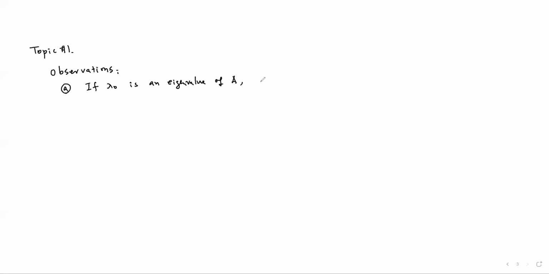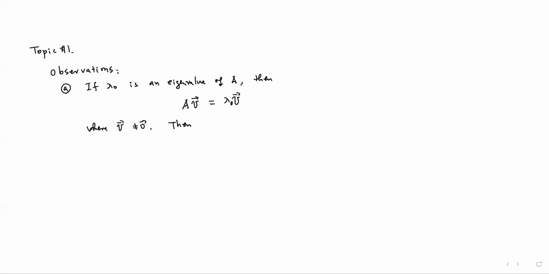of a matrix A, then by definition, there is a non-zero vector V such that this equation is true. That means that we can find some non-zero vector V so that this equation is true.